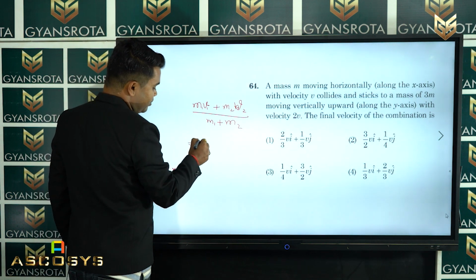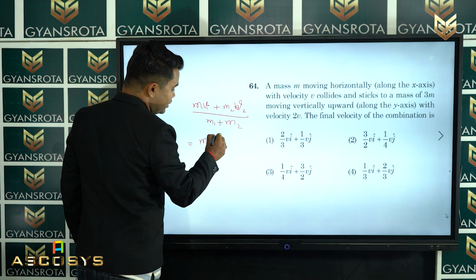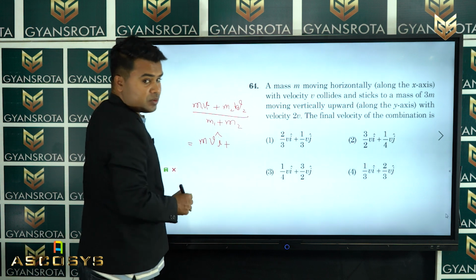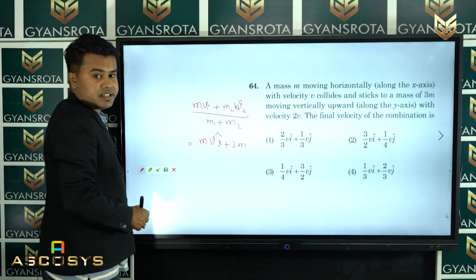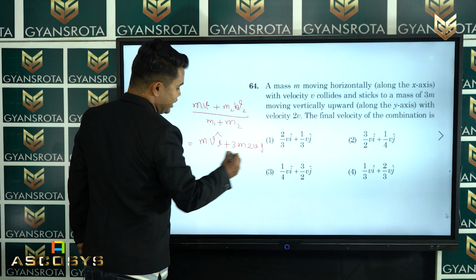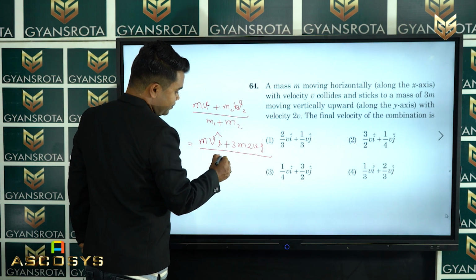So your m is how much? For the first, m is m, and it was moving with velocity v along the x axis, that is v i cap. Then the second mass m2 will be 3m, and the velocity given out here is twice of v along j cap, divided by m plus 3m, that is 4m.